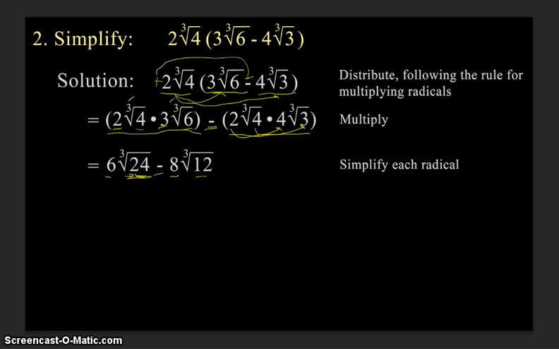So ano ba yung factors ng 24? So meron tayong 12 times 2, ano pa? 3 times 8, 4 times 6.